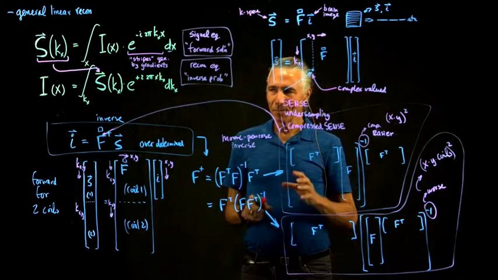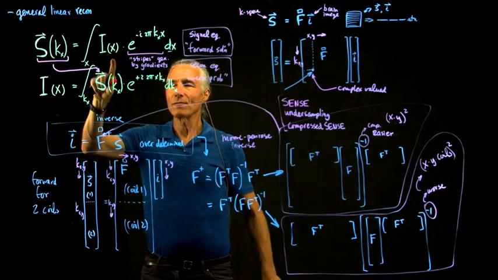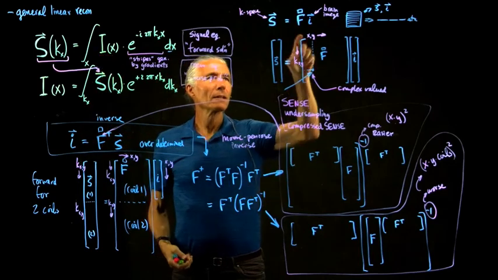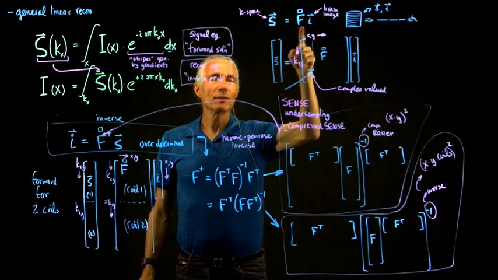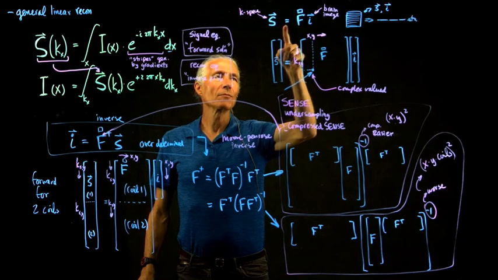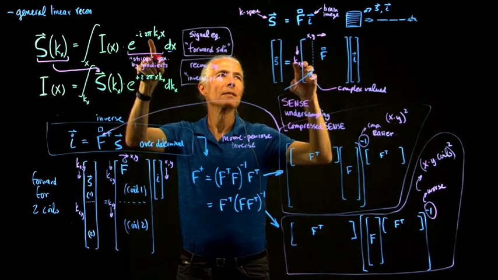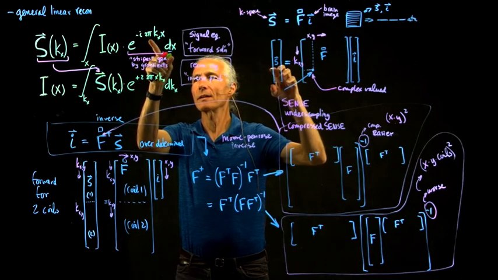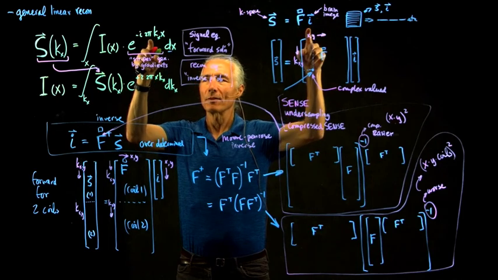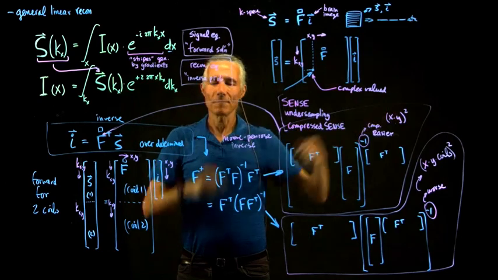I didn't give you anything really practical. I just wanted to emphasize that you could view these Fourier transforms as simple linear matrix multiplications. The data vector equals a matrix of fixed coefficients, which are all in the Fourier transform and can be calculated in advance with no trouble, operating on your image vector, which is an XY image strung out into a long vector.